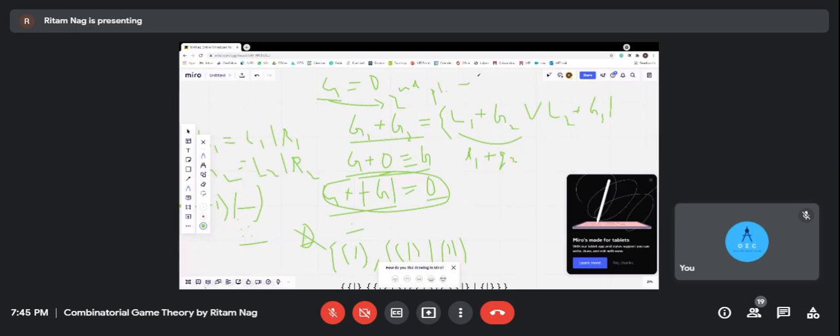Like LR, if the game was LR, then isn't RL just fine or something? Think a little deeper. Okay. Like on the outermost level, it should be fine. But what about on the inner levels?